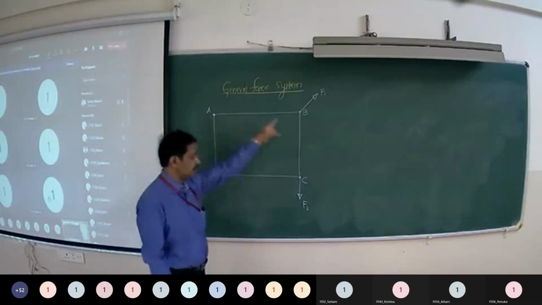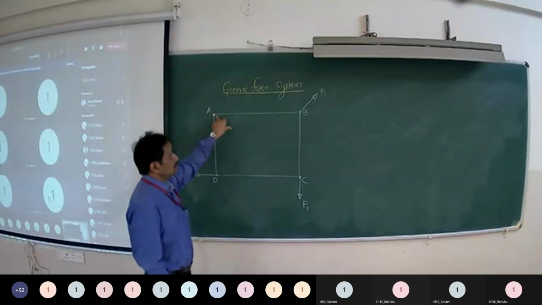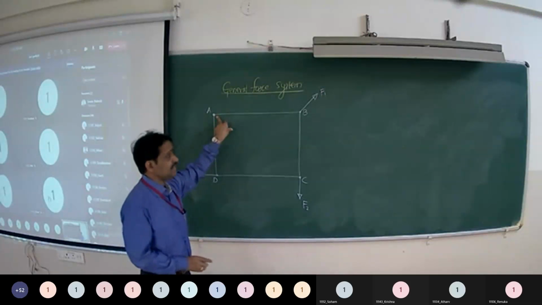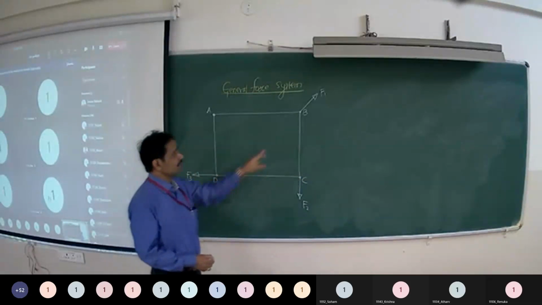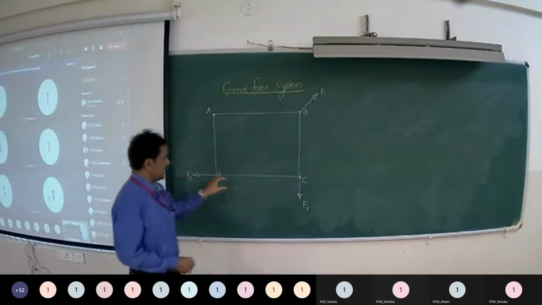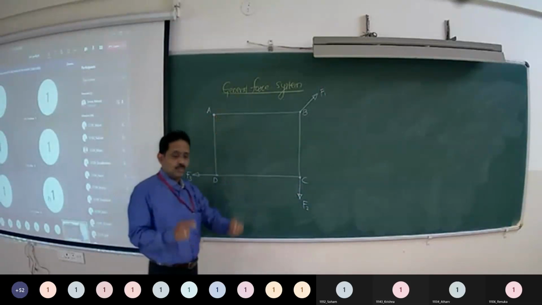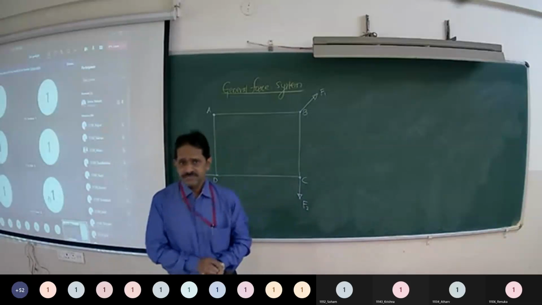So the reference point can be anywhere in the plane. Now, by principle of parallel transfer of forces, I will transfer all these three forces from the points B, C and D to point A.